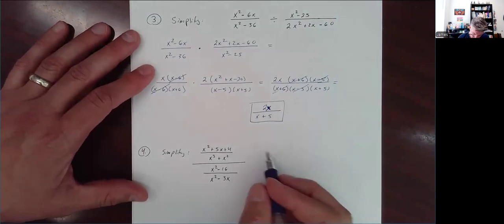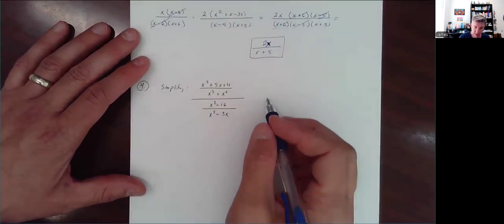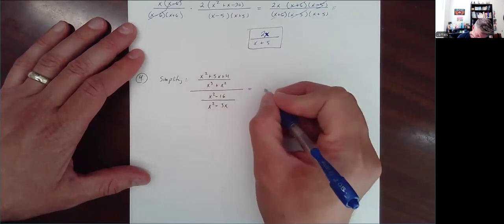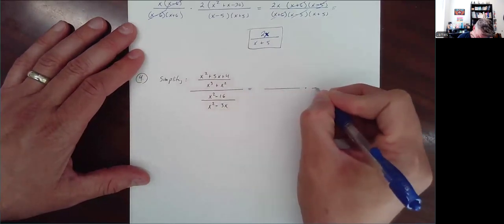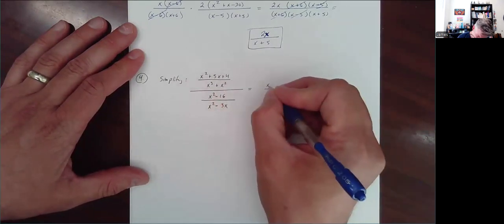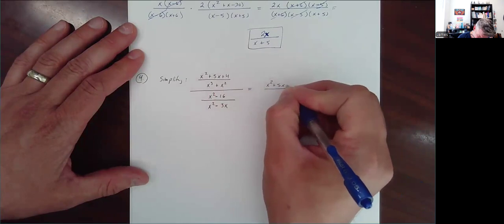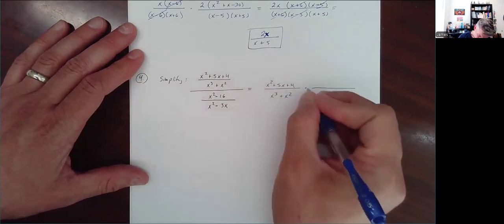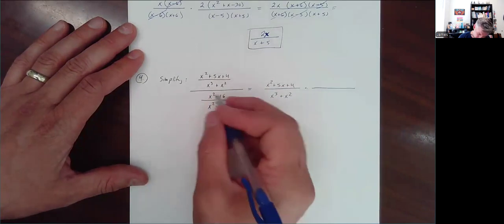Similar thing here. Before I start doing things, I am going to write it as two fractions multiplied together. So this divided by this. X squared plus 5x plus 4 divided by x cubed plus x squared multiplied by the reciprocal of what I'm dividing by.